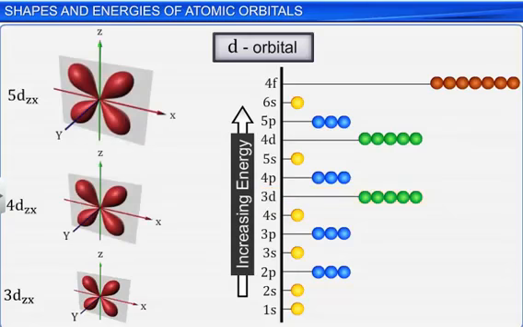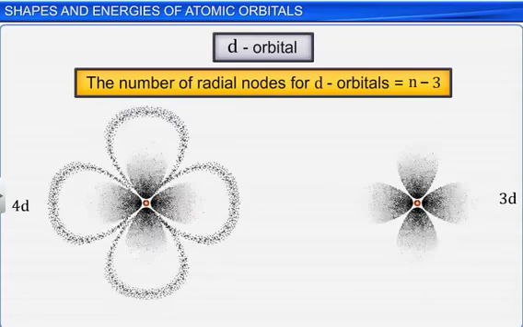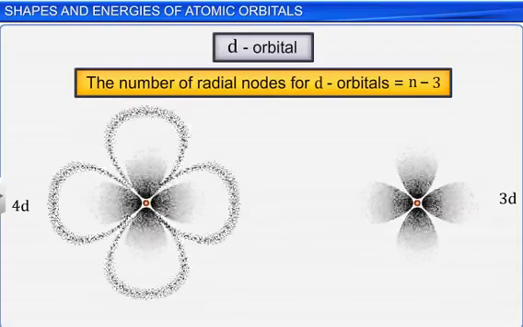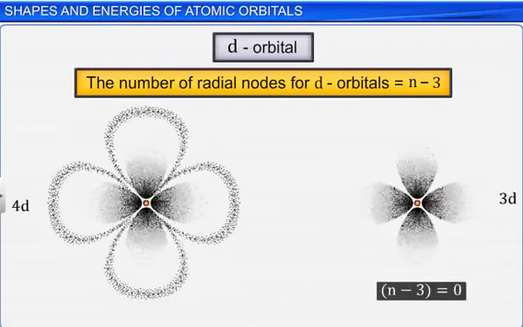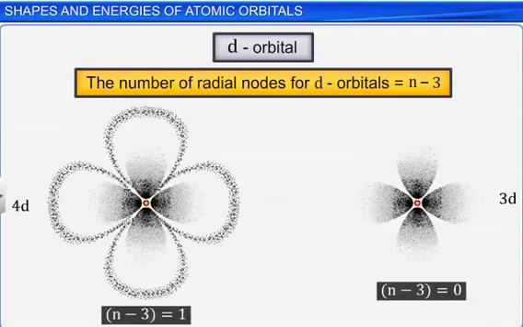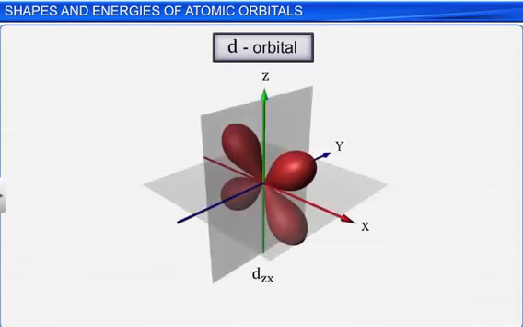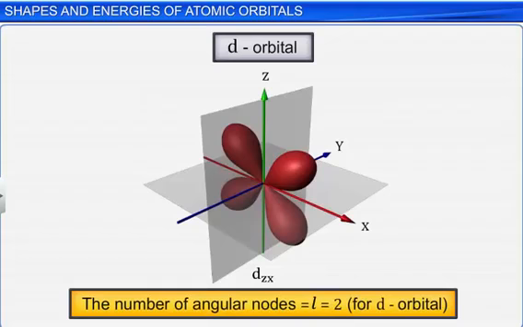The number of radial nodes for d orbitals is given by the expression n-3. Therefore, the number of radial nodes is 0 for 3d orbital, 1 for 4d orbital, and so on. On the other hand, the number of angular nodes is equal to the value of L, that is 2. Hence, 2 angular nodes exist for a d orbital.